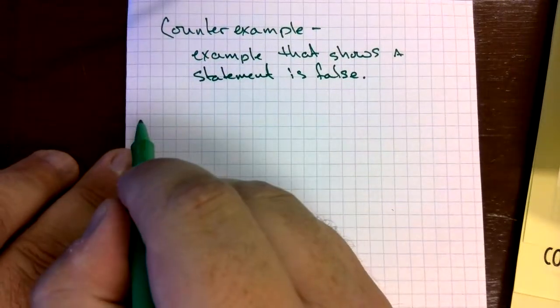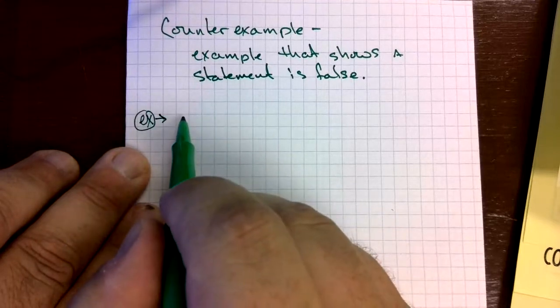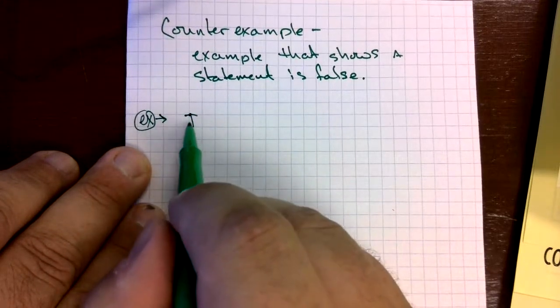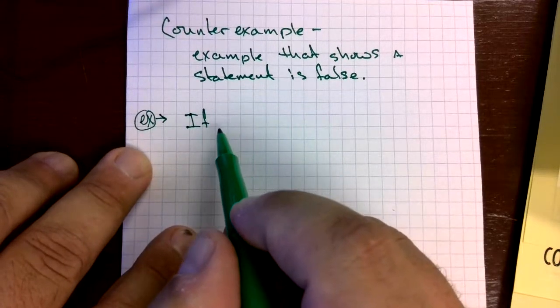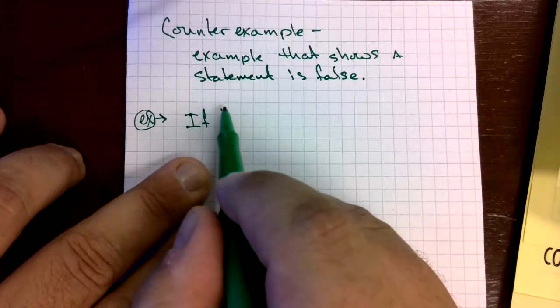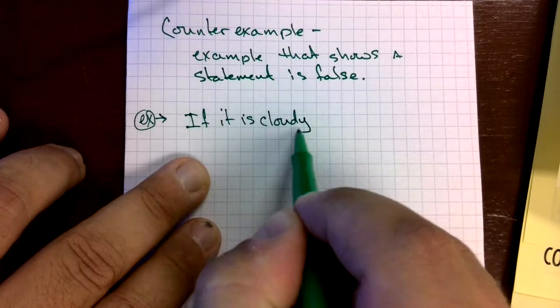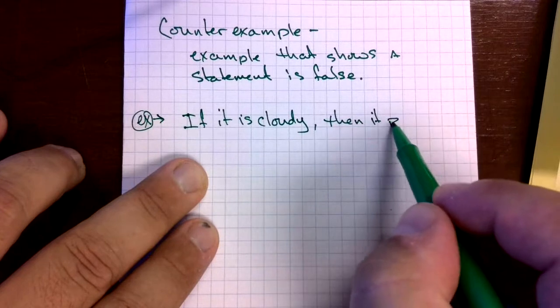Couple of examples here. If, now I'm going to go with one that's pretty straightforward. If it is cloudy, then it is raining.